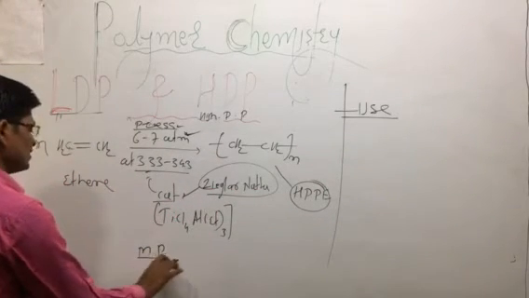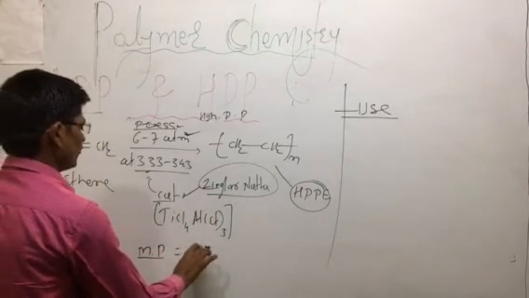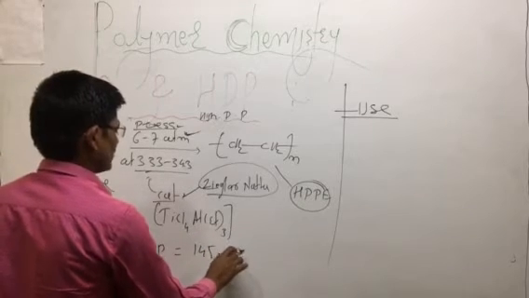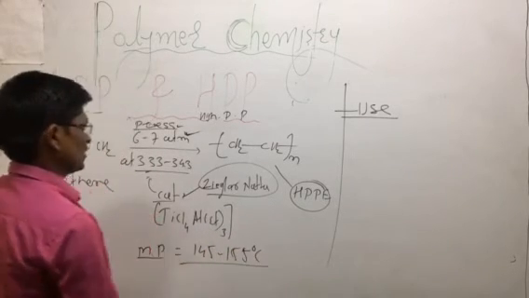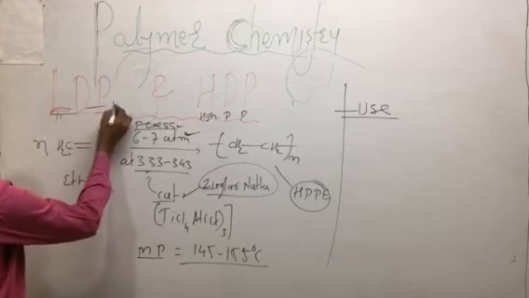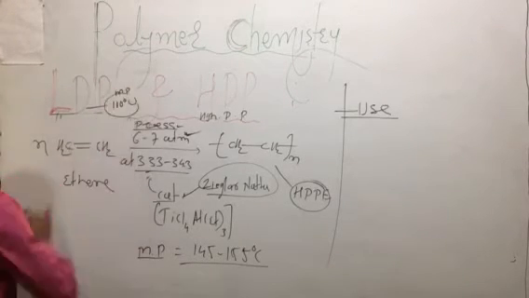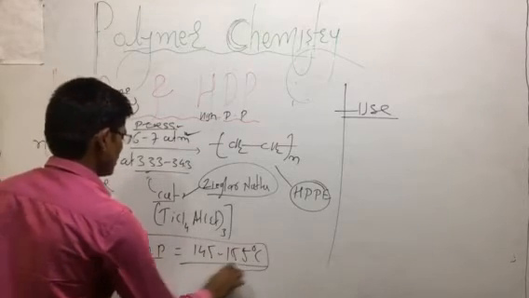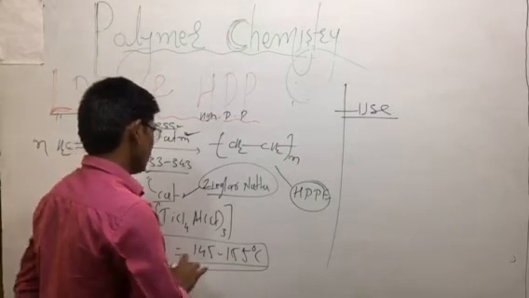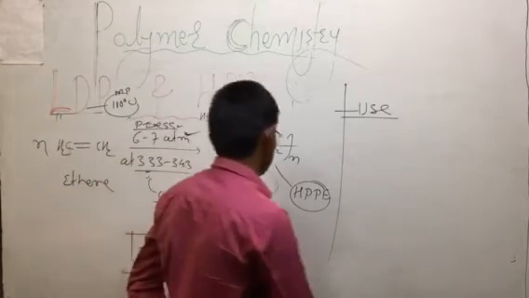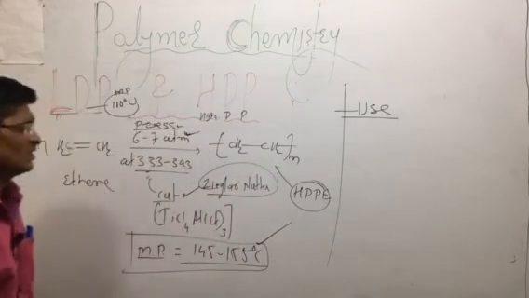The melting point range is near about 145 to 155 degrees Celsius, while for LDPE it is 110 degrees Celsius. The melting point range of high density polythene is 140 to 150.